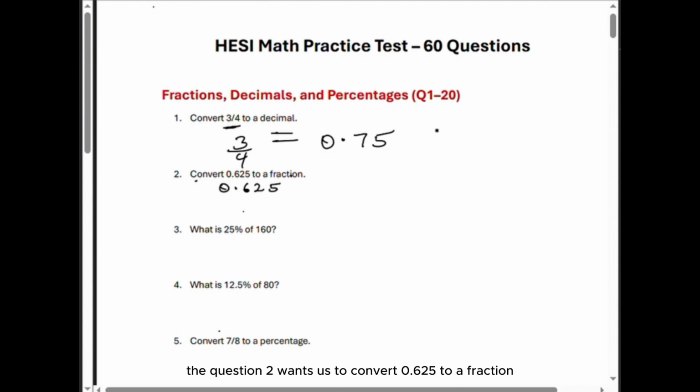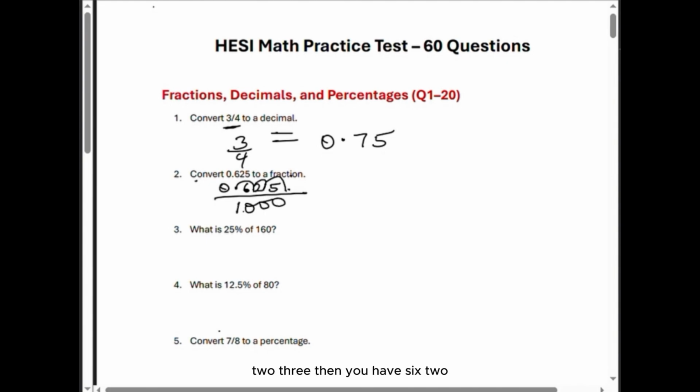0.625 to a fraction. If you want to convert to a fraction, the easiest way to do this without a calculator is to move this point to the end of this. You count the number of places and you divide this by 1 followed by the number of zeros you counted forward. So this means 1, 2, 3. So 3 means 1, then 3 zeros.